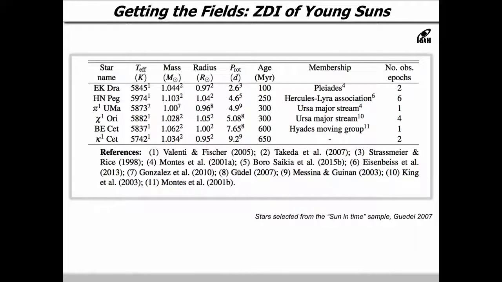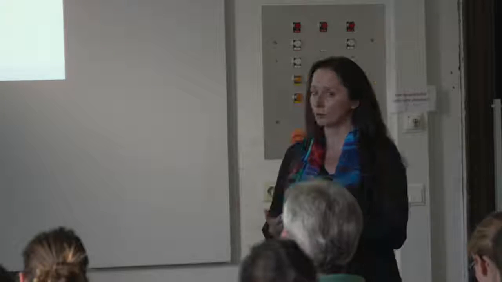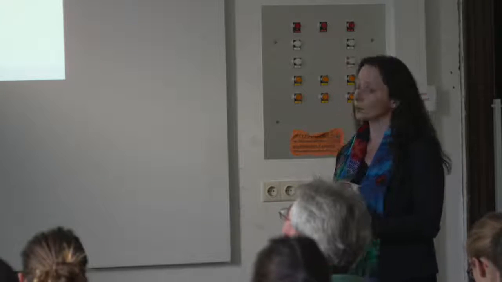Epsilon Eridani, we had it already before, having modeled the spectra in different wave bands, X-ray, EUV, H alpha, Pi1 UMa, Pi1 Ori, Beta Ceti, and Kappa1 Ceti, spanning an age range from very young to older ones, approaching the Sun's age or being at the Sun's age already, and also having ages where life on Earth or life around such a star could have started already.